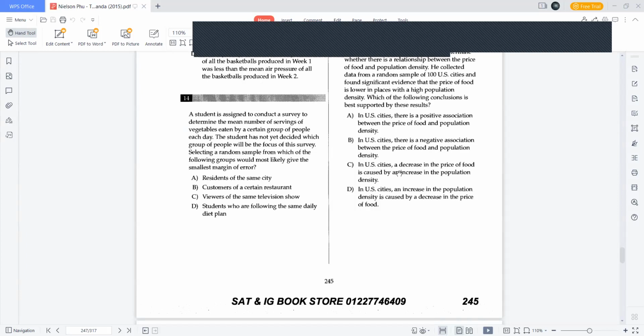Like if you want to find out who's gonna win the next US election, and you survey 10 people, right? And 5 say one guy, 5 say the other guy, then you're gonna say there's a 50% chance of this person winning.